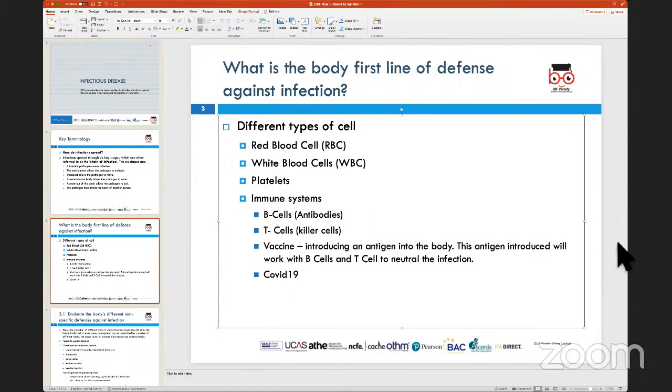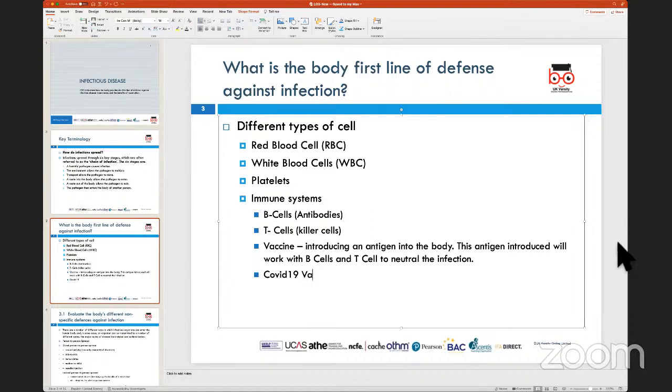The body had to be given an injection through vaccination, and that vaccination was basically an antigen introduced into the body, the antigen being the dormant or treated protein, which primarily helped develop immunity. That dormant antigen allowed the body to produce a certain type of B and T cells which could fight and neutralize the COVID-19 virus in the human body.